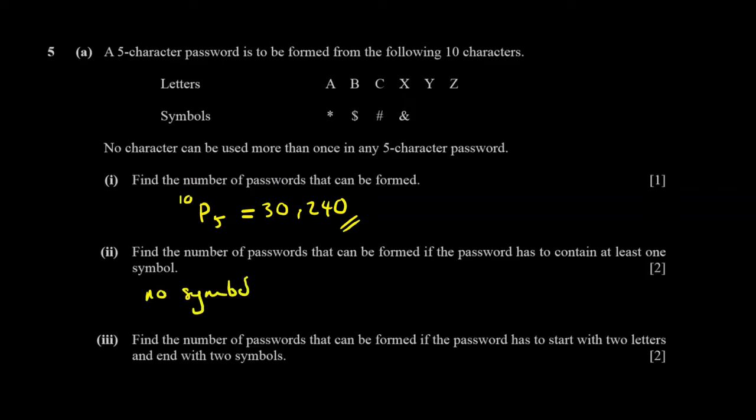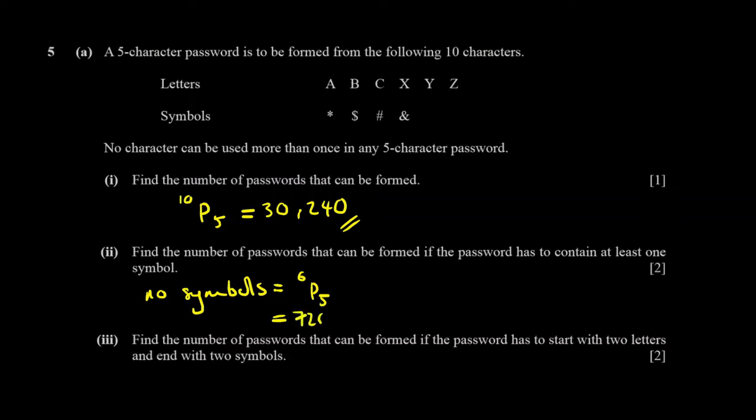What if there are no symbols? Well, that means that we would have to choose our 5-character password out of the 6 letters only. So we are arranging 5 items taken from 6 items. So that would be 6P5. So 6P5, if I just do that, 6P5 is equal to 720.